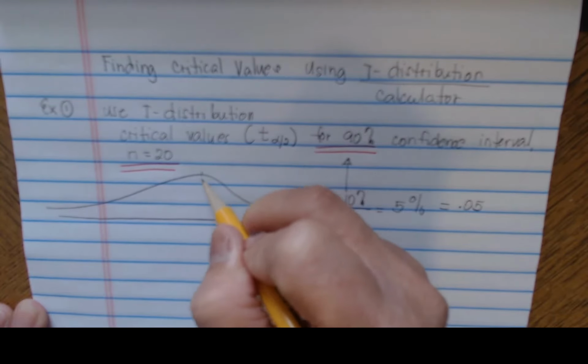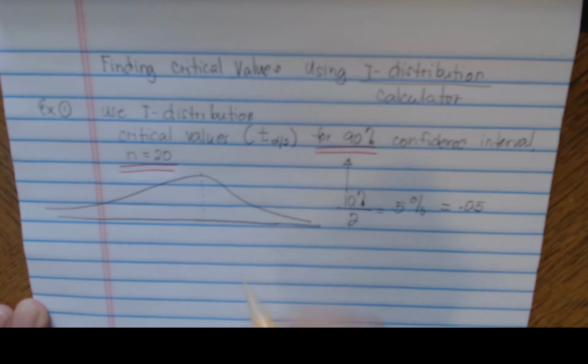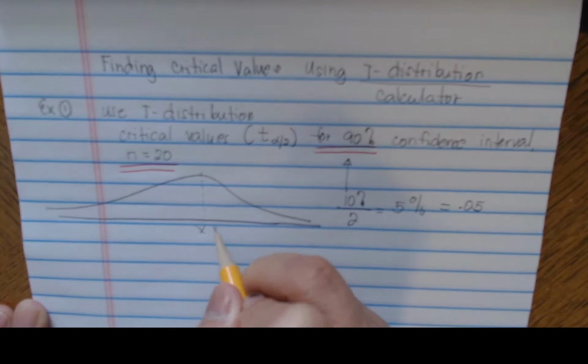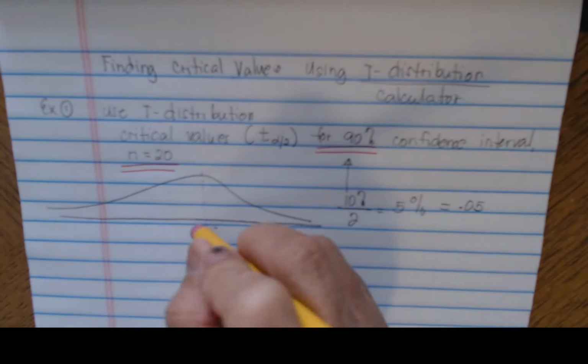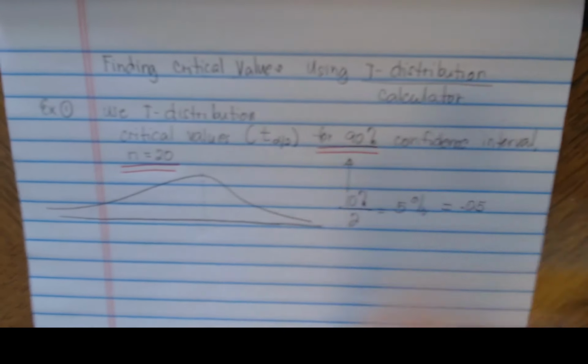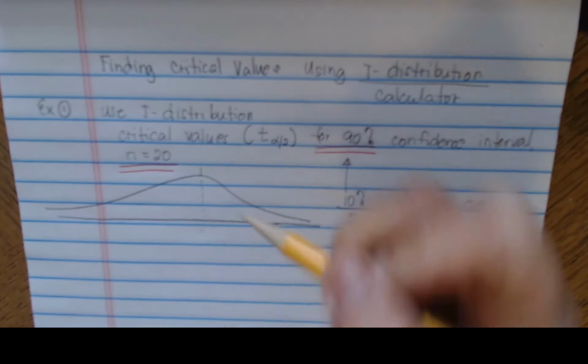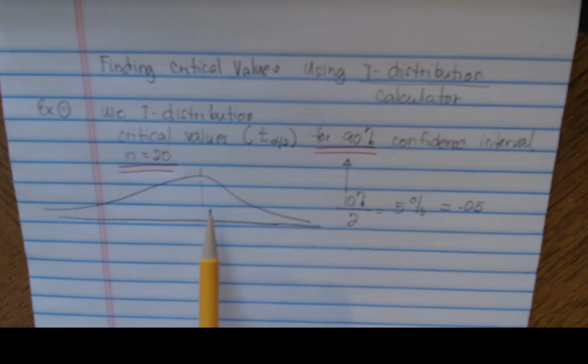Okay, the highest peak will be our mean. I mean the middle one. The center will be our mean, and this should serve as our axis of symmetry.